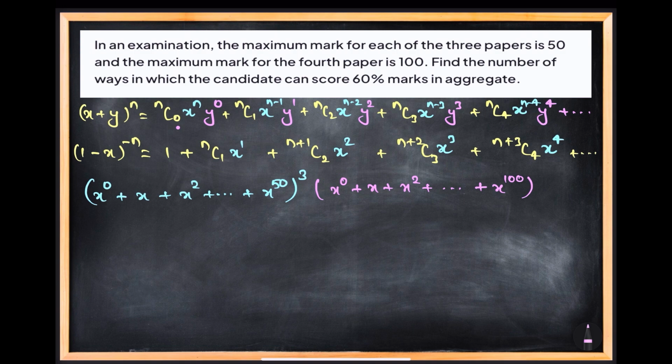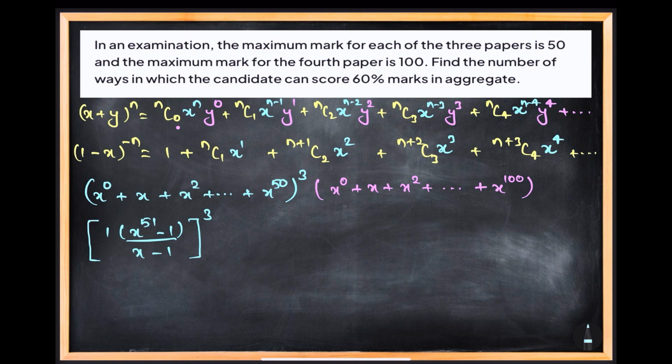Let's apply that formula: a (r power n minus 1) by (r minus 1), where the number of terms is 51 because it starts from 0, and the power is 3.